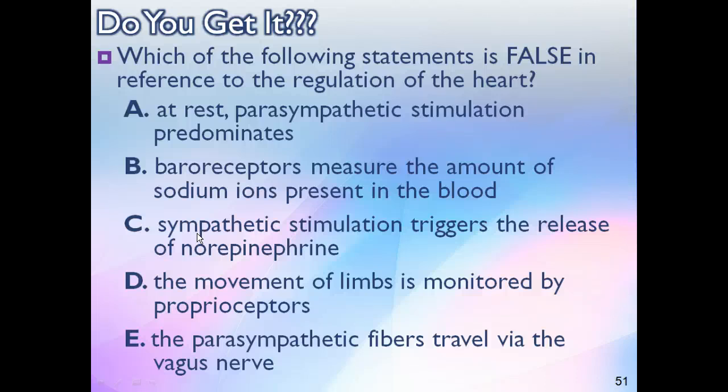At rest, parasympathetic stimulation dominates. Baroreceptors measure the amount of sodium ions. Sympathetic stimulation triggers the release of norepinephrine. Movement is detected by proprioceptors. Parasympathetic signals travel via the vagus nerve. And the correct answer, or the false answer, is B. Baroreceptors do not detect sodium ions, they detect pressure.